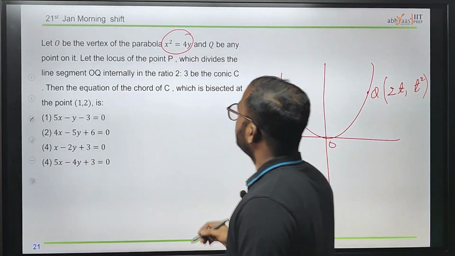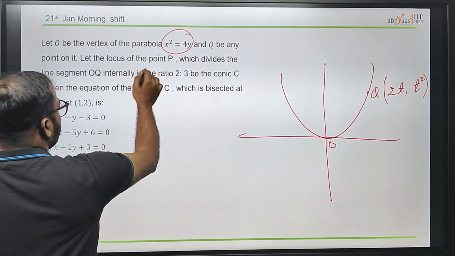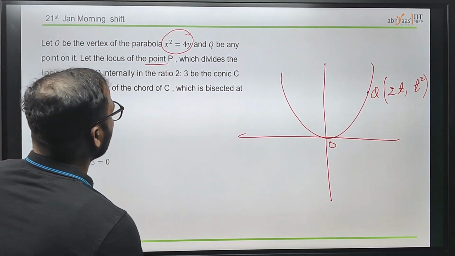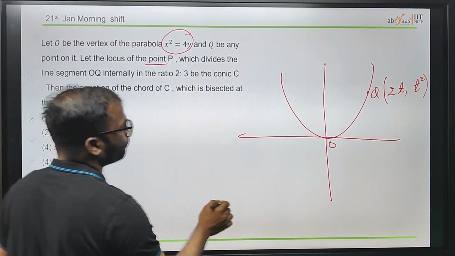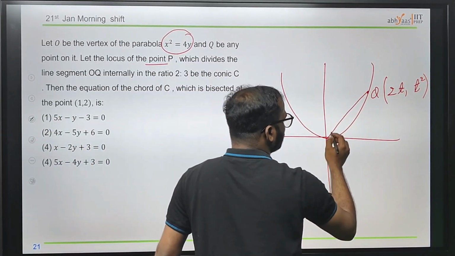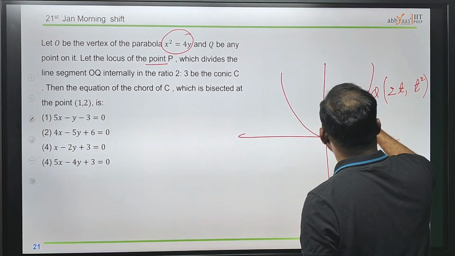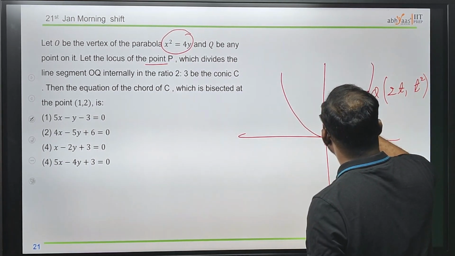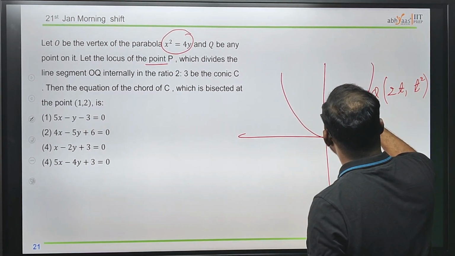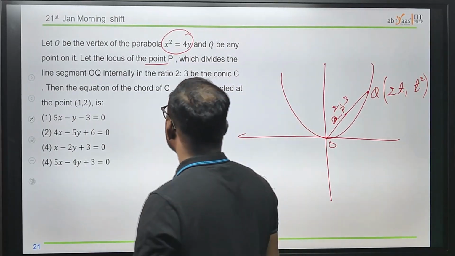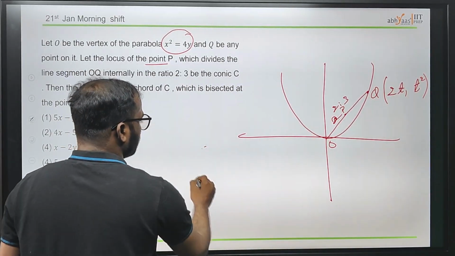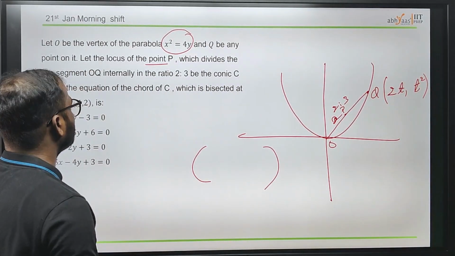Just using that we can easily find this one, which is, let us find the point P. Point P divides the line segment OQ in the ratio of 2:3. Here we have P and they're saying 2:3 ratio. By using the section formula we can easily find it.